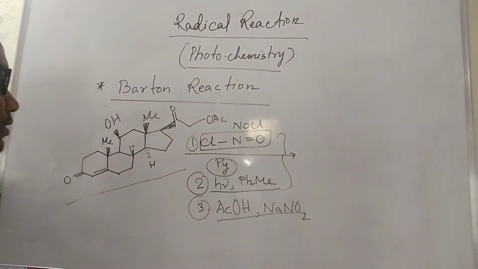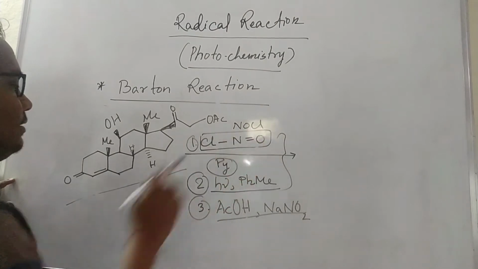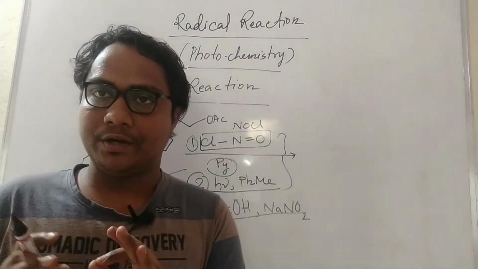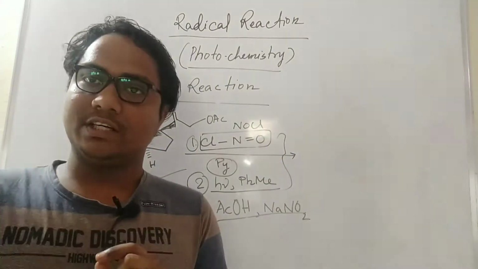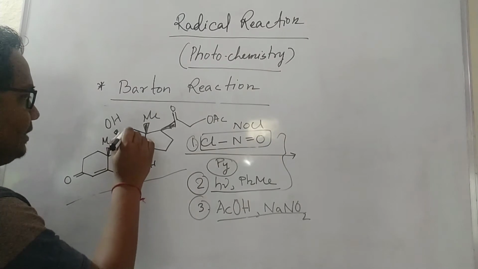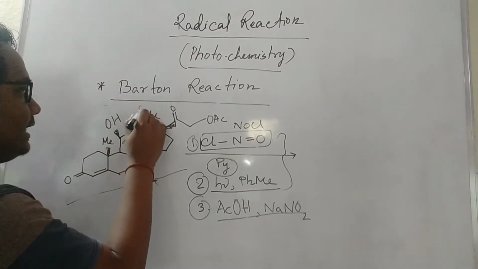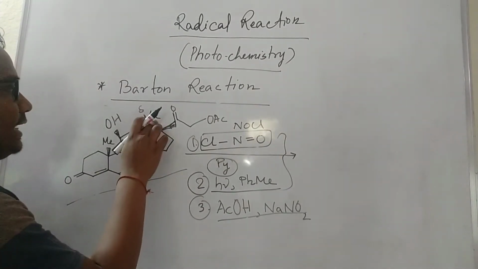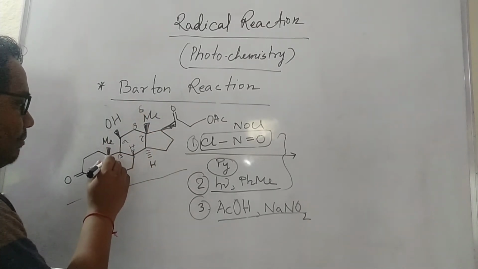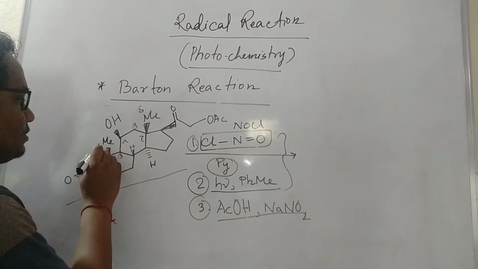So in the first step, what happened? First, select the main principle of the Barton reaction. The Barton reaction is abstraction of delta hydrogen. So here alpha, beta, gamma, delta. This methyl contains delta hydrogen. Here alpha, beta, gamma, and this is delta also.